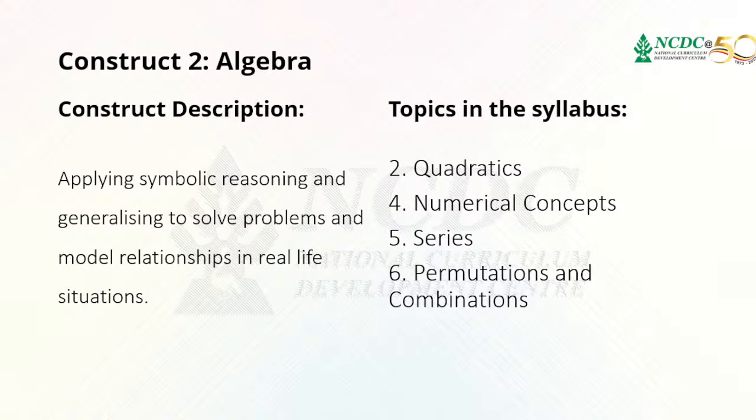The second construct is algebra, and the description for that construct is applying symbolic reasoning and generalizing to solve problems and model relationships in real life situations. The topics we have in that construct: quadratics, numerical concepts, series, permutations and combinations. That is construct number 2.